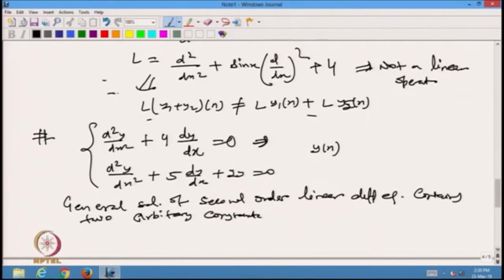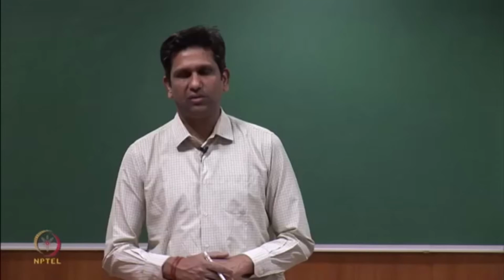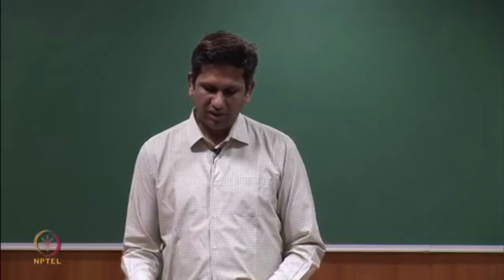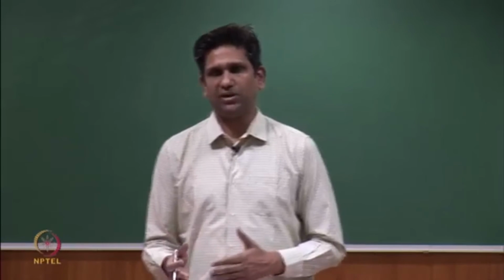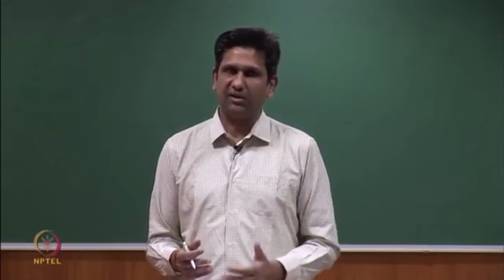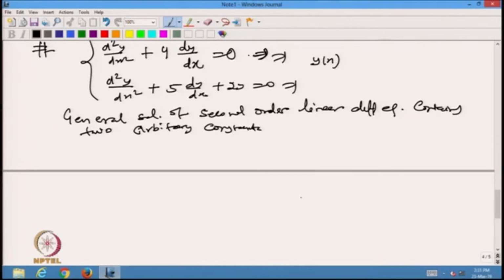So my main purpose is to find the general solution for this equation. If you see clearly from the equation, I need a function y(x) such that I do a scalar multiplication with that function, take the derivative, add, and I should get 0. In the second one, I should have a function multiplied by 2, plus the derivative of that function multiplied by 5, plus the second derivative, and adding all these together should make 0.